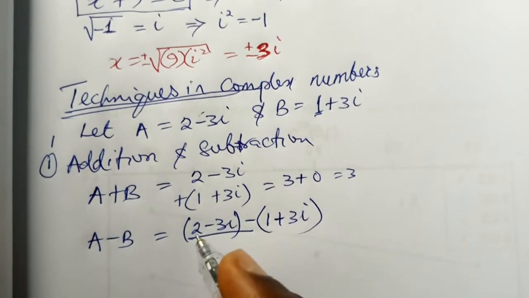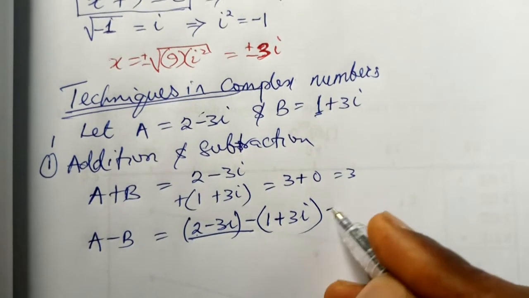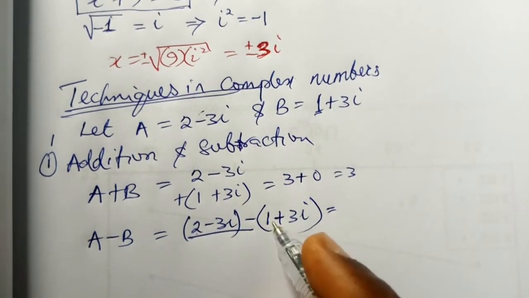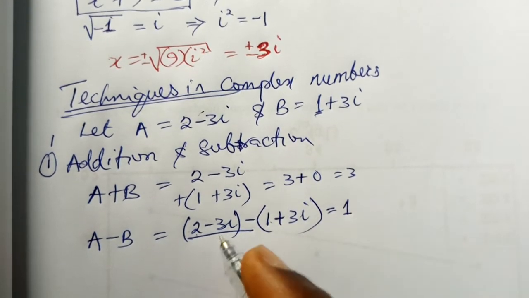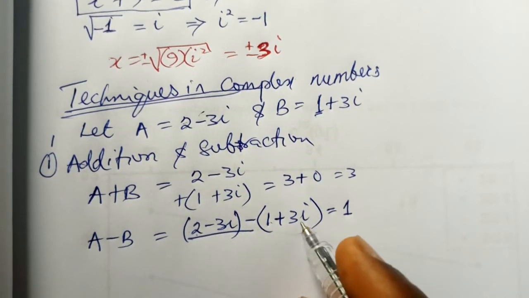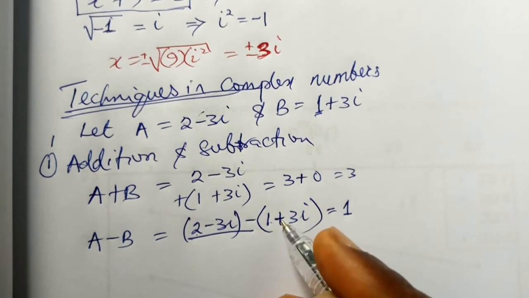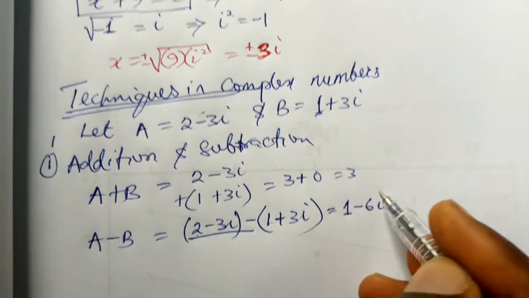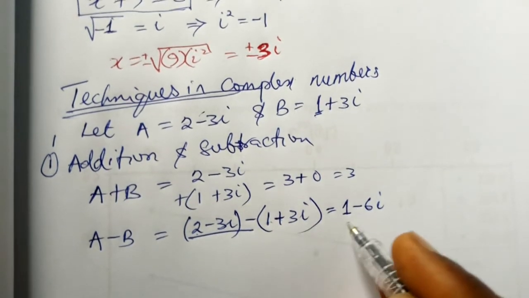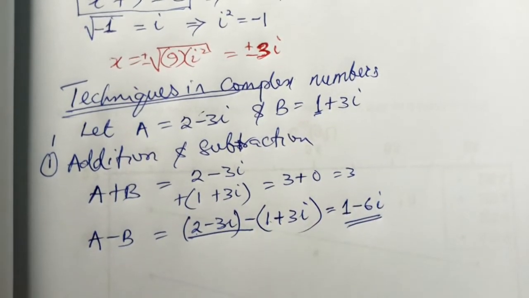You subtract the real part, 2 minus 1 is 1, and minus 3i minus 3i, because minus times this is minus, is minus 6i. So the answer in the form of a complex number is 1 minus 6i.